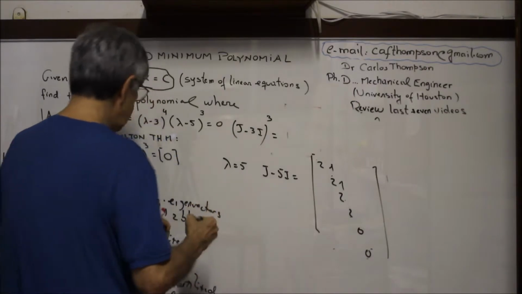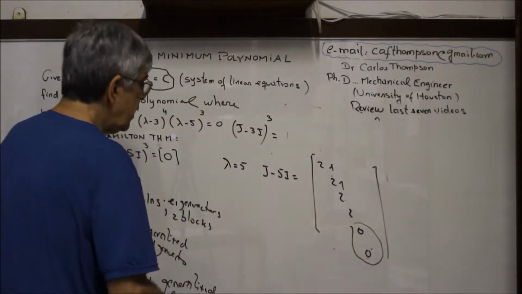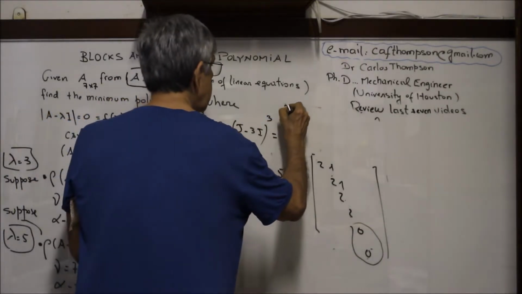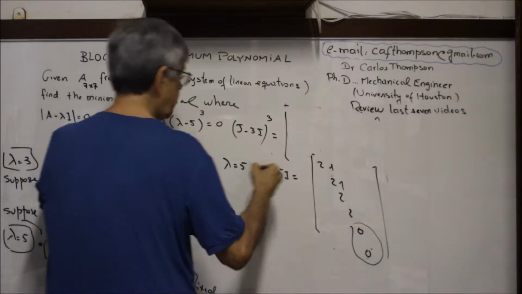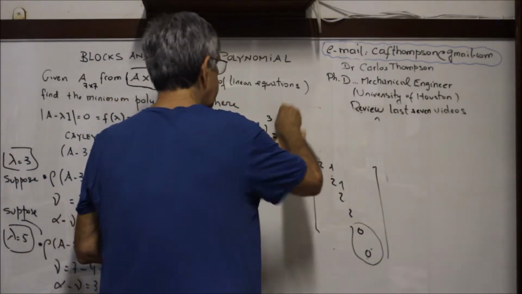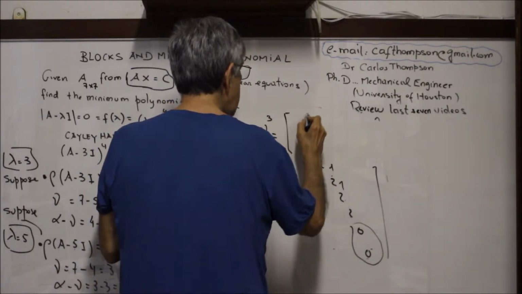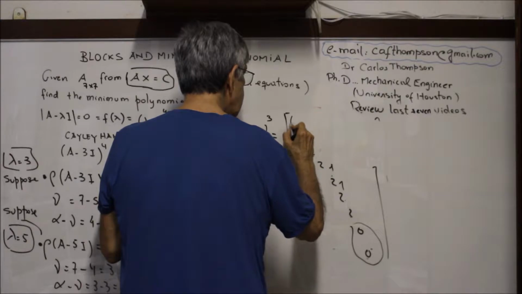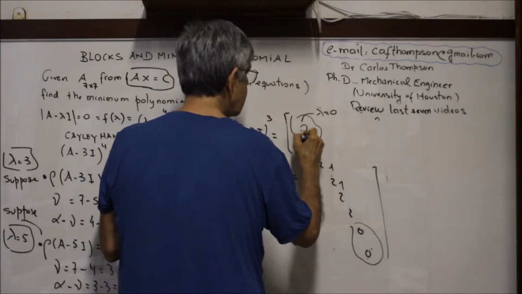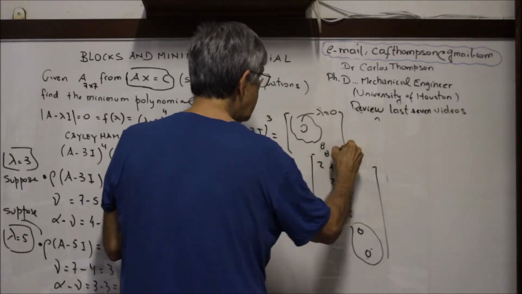Now, you see this block here? Do you remember what J minus 3I cubed was? Let's erase here just a little bit. Do you remember this here? For lambda equal to 3, all of this was 0. Then I had here 8 and 8. Do you remember that?